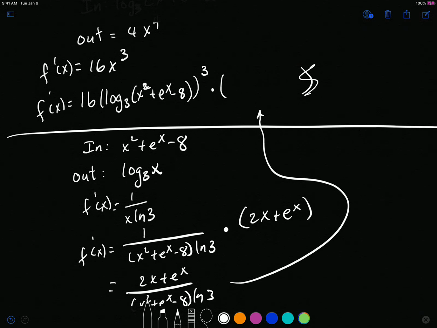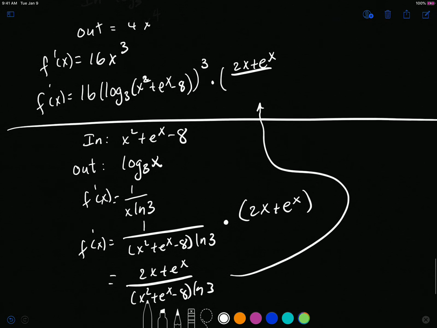And so that is going to be 2x plus e to the x divided by x squared plus e to the x minus 8 ln 3. Close parentheses. And there you have it. That's the answer to questions 1 through 8 and a bonus question as well.